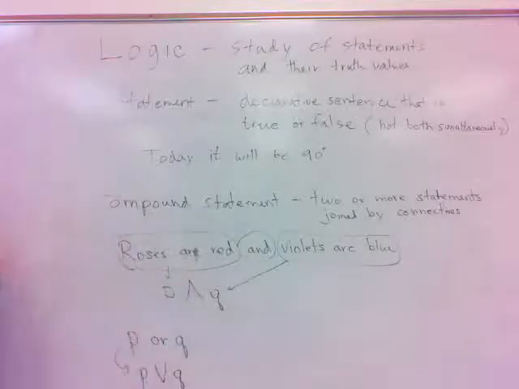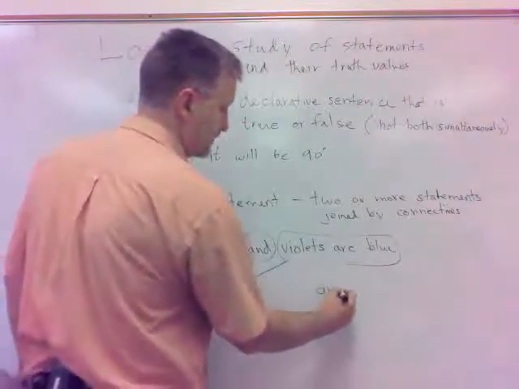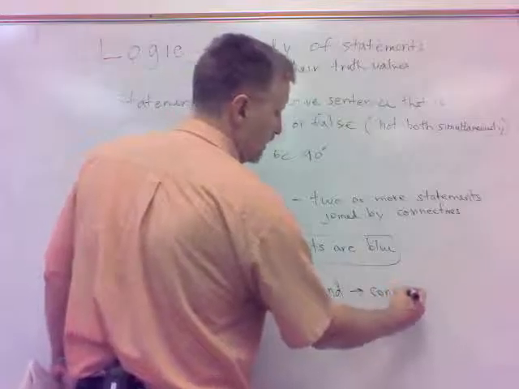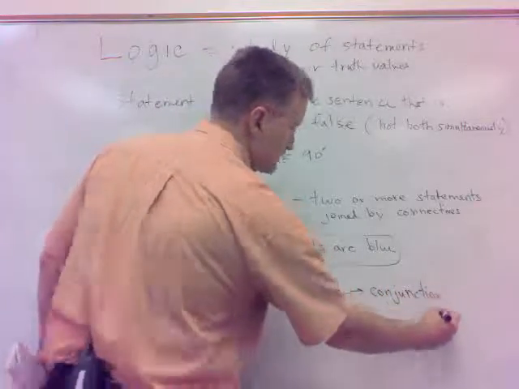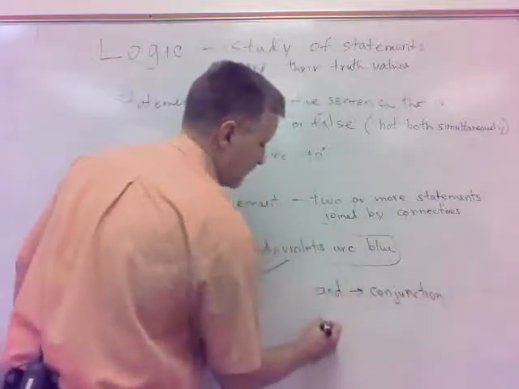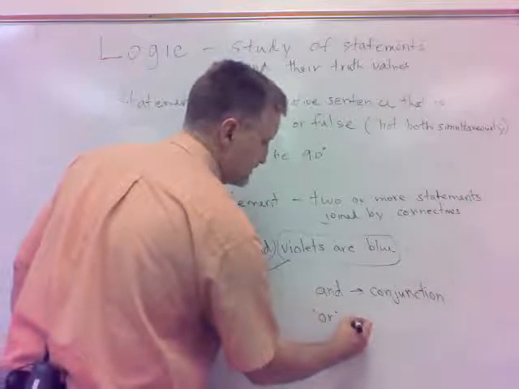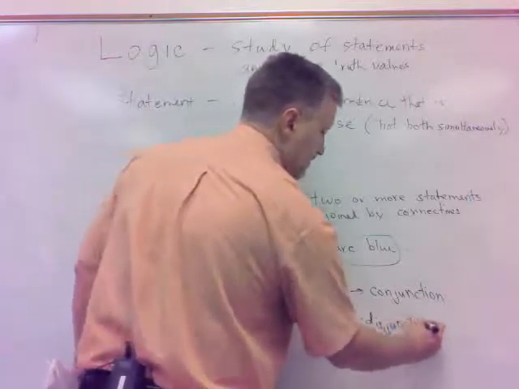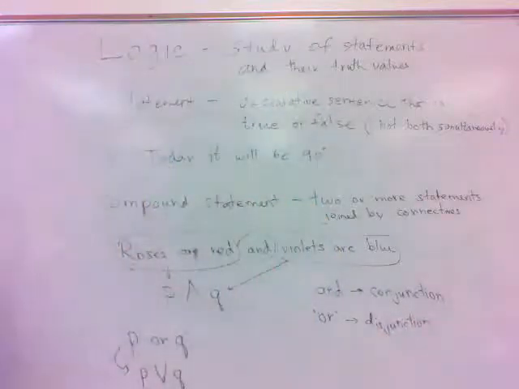One other bit of notation, they may ask a question about it: and statements are known as conjunctions, and or statements are disjunctions. And is conjunction, or is disjunction. They may ask about that terminology.